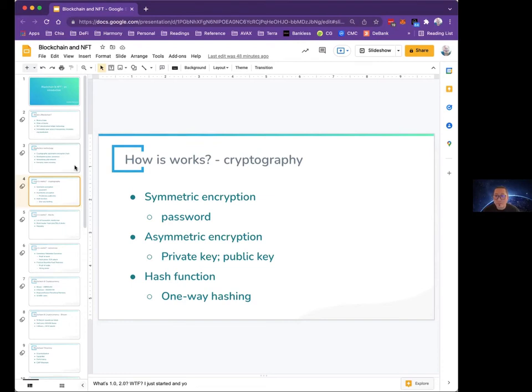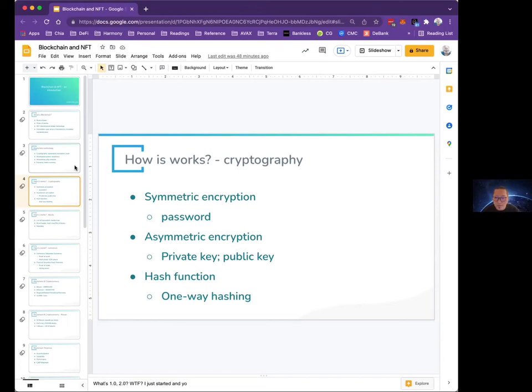But you cannot disclose your private key. If people get your private key, basically they get access to your content. But the public key can be made public and used to verify the data encrypted with the private key.